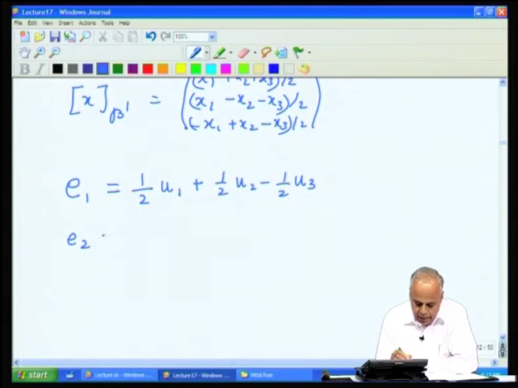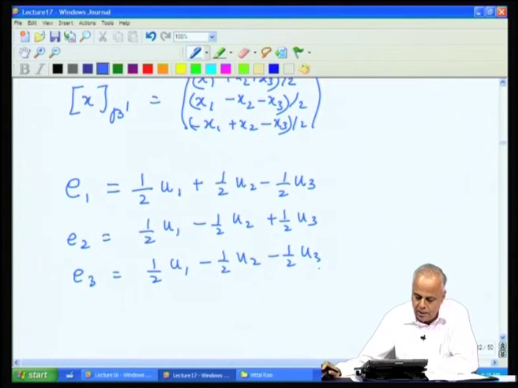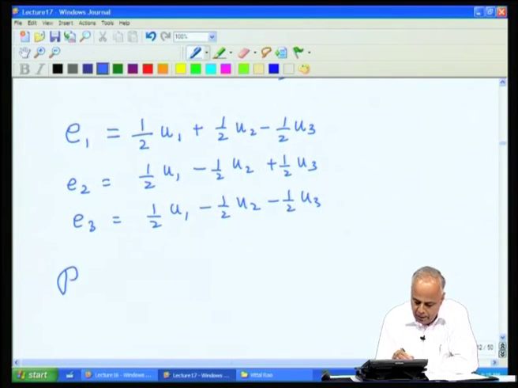Similarly, e2 is half u1 minus half u2 plus half u3, and e3 is half u1 minus half u2 minus half u3.